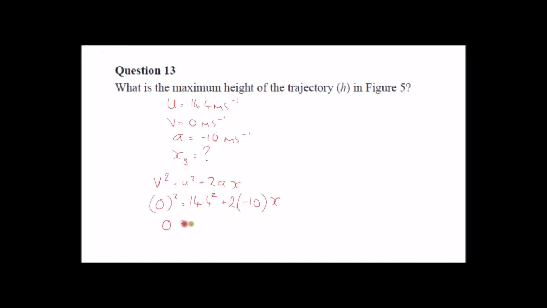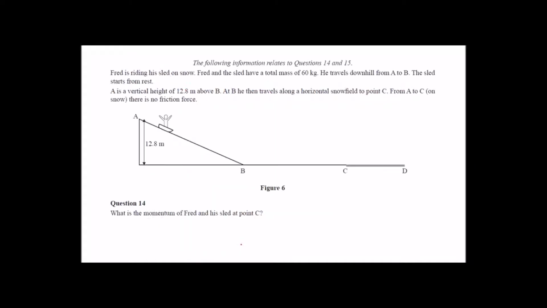So 0 equals 209 minus 20x. So x equals that divided by 20, and we get 10.4 meters as our answer. So you could do the other equation where you're using the time value that we've calculated previously. You'll get the same answer.